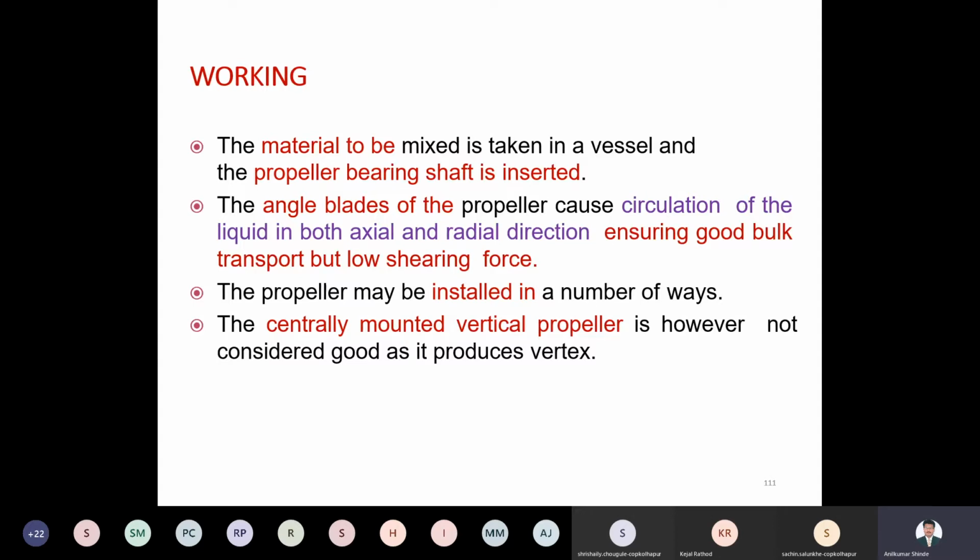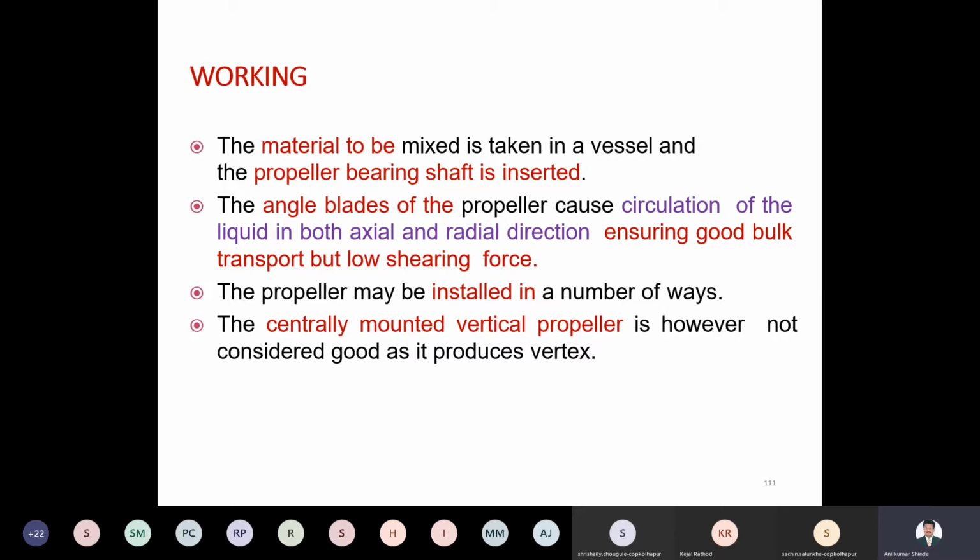We'll see in the next slide what axial flow and radial flow are. Axial flow and radial flow ensure good bulk transport with low shearing force, so the maximum transport of material from one place to another is possible. Complete mixing is possible with low shearing force. Understand it?